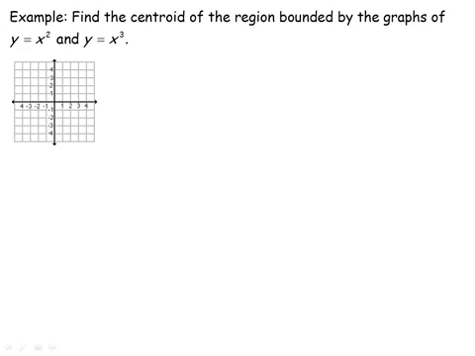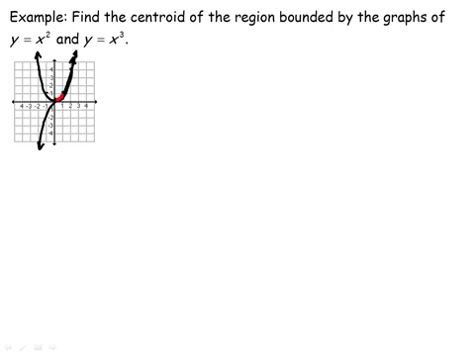All right, so you have y equals x squared, and that is going to be your parabola. And then you have your x cubed, which we know is our S-curve. And you can't hardly see it, but there is a little bit of area in there.